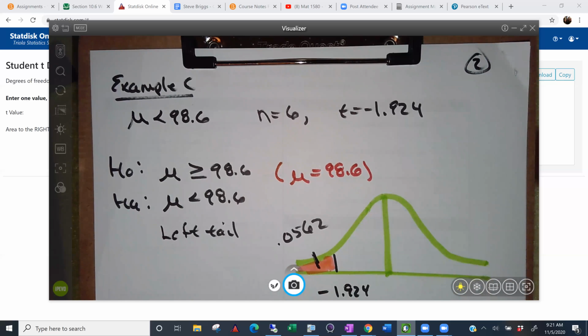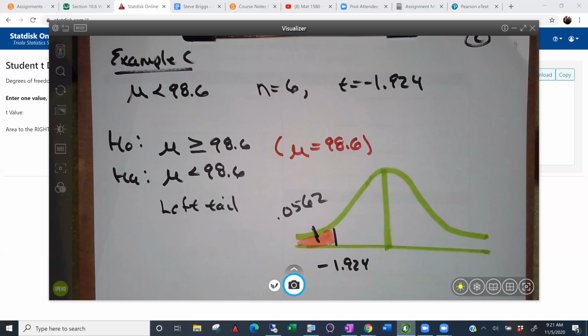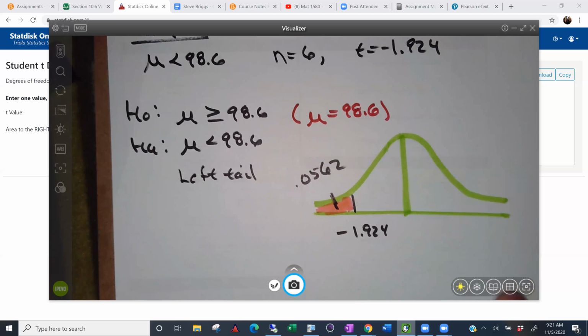Let's actually do some examples that require us to do the actual whole hypothesis test. Now, the good news for us is that, typically speaking, we won't have to find the p-values. That'll be provided to us by the output from StatDisk. We'll just use the p-value to decide if we're going to accept our null hypothesis or reject it. Now, just as a reminder, in terms of deciding whether or not you're going to accept or reject, we had 2 little sayings.